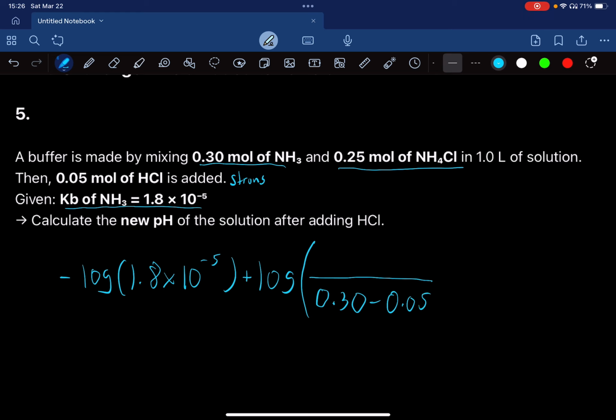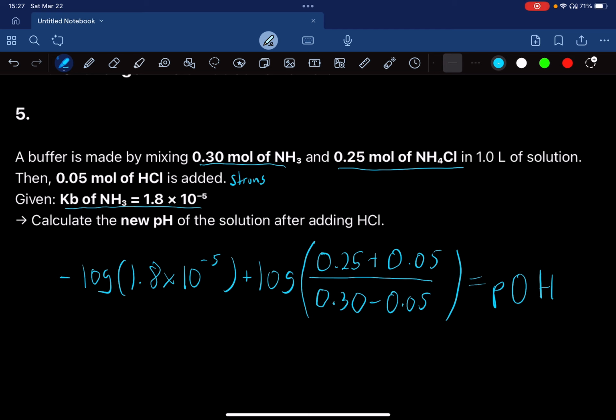And we're going to have 0.25 plus, because remember, acid is on the top, we're adding acid, so we're going to add moles of acid, 0.05. And remember, because we have Kb given, we're not calculating pH directly. We are calculating pOH. And from there, we'll calculate pH. So plug it into your calculator.